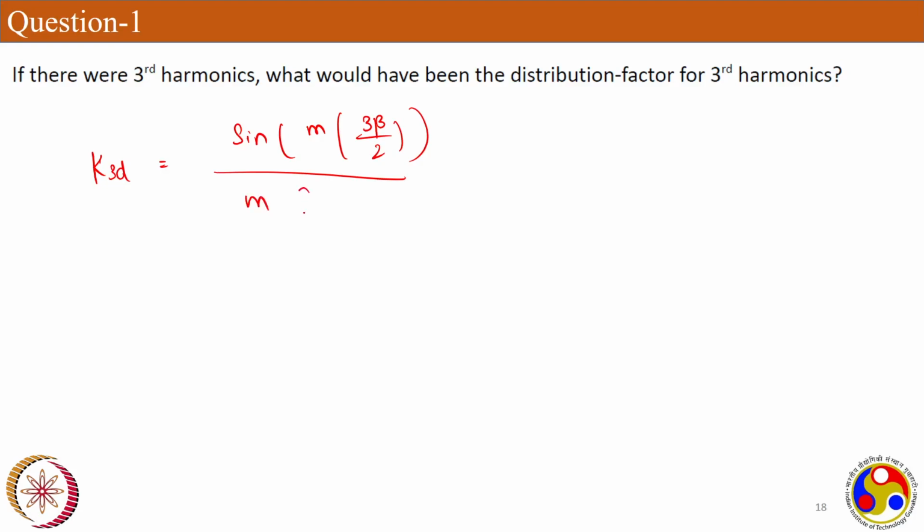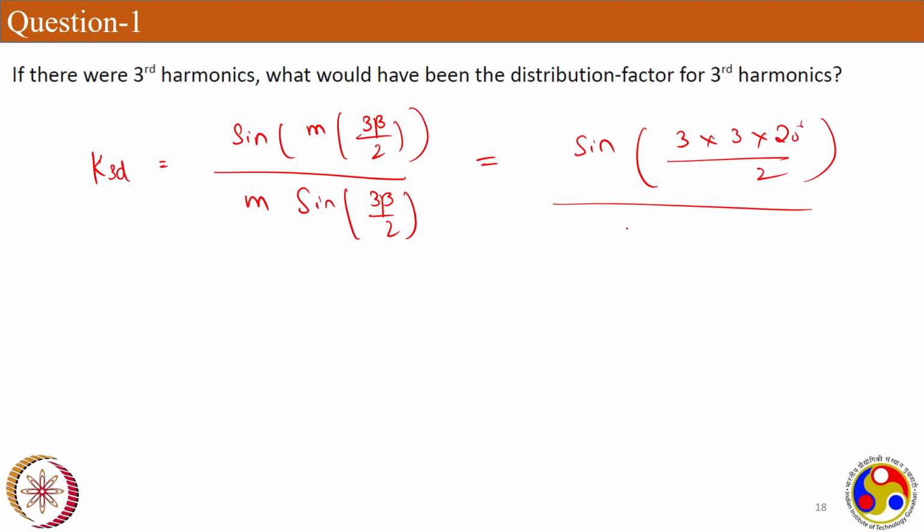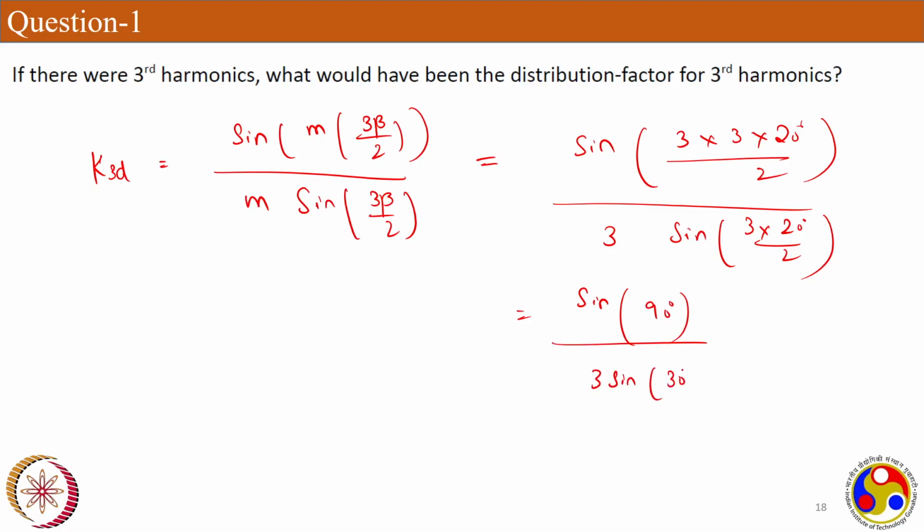So M is 3, and we have again a 3. So sine 90 divided by 3 sine 30.